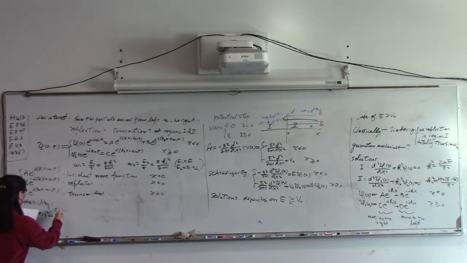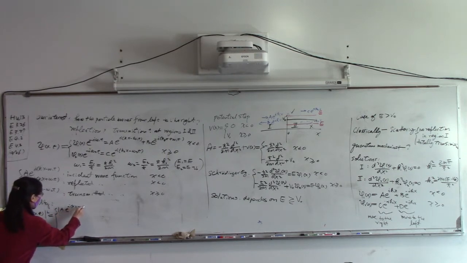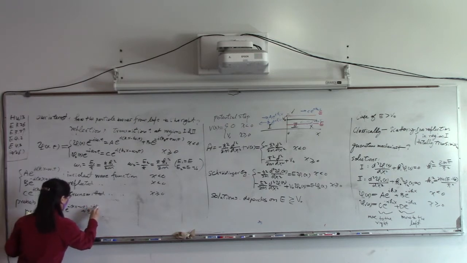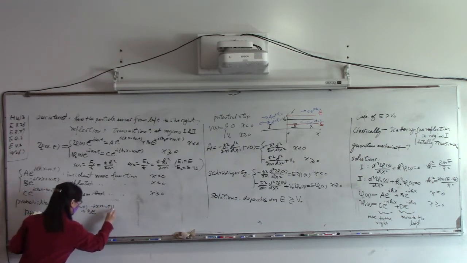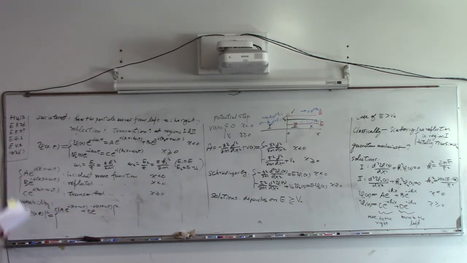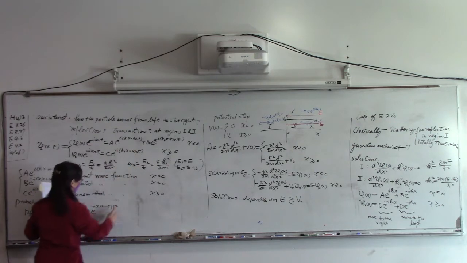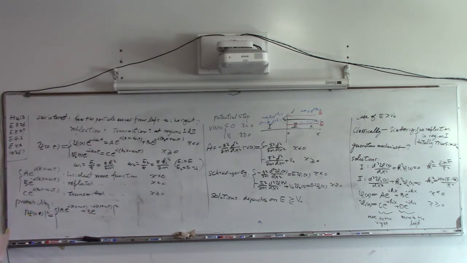The region 1 should be A exponential i k1 x minus omega 1 t plus B exponential minus i k1 x plus omega 1 t, absolute squared. Probability means psi star multiplies itself.